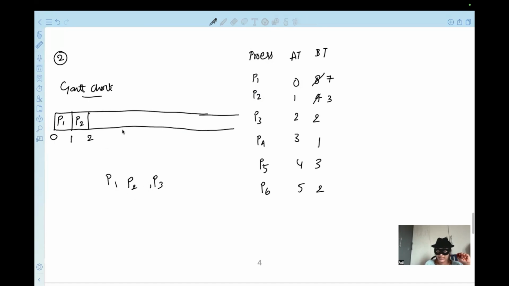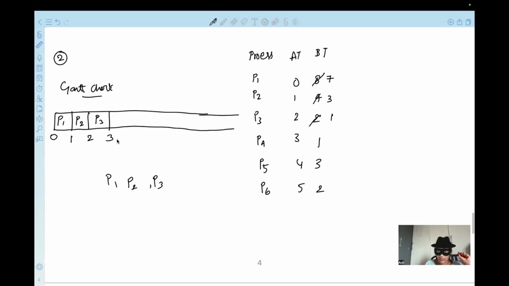The burst time is less for P3 among P1, P2. In the previous step also, P2 had the lesser burst time than P1, so I have written P2. Please make sure of understanding that. So now I'm writing P3 here. It will take 1 unit of time and here you will have 1.